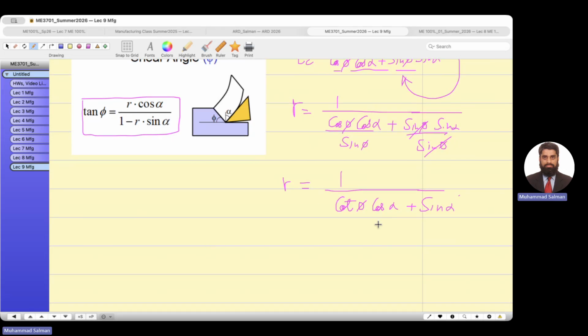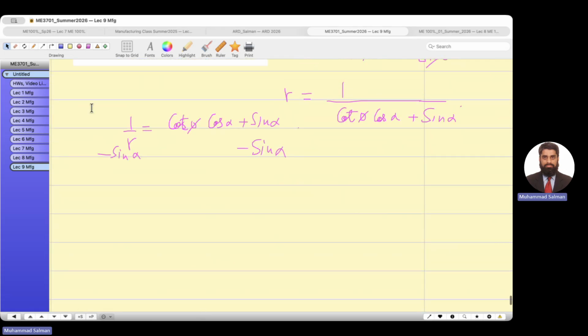So if I flip this up, I can write 1 over r equals cot phi cos alpha plus sine alpha, if I flip both sides. Now if I bring negative sine alpha over here and negative sine alpha here, I can rewrite the whole equation.